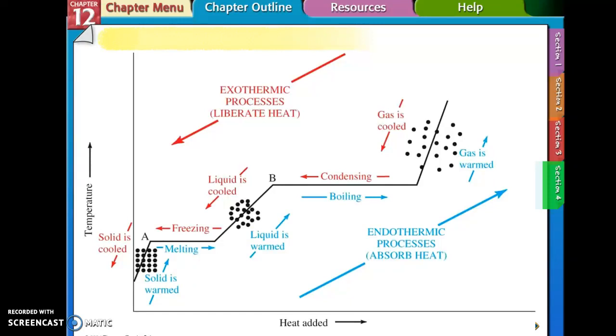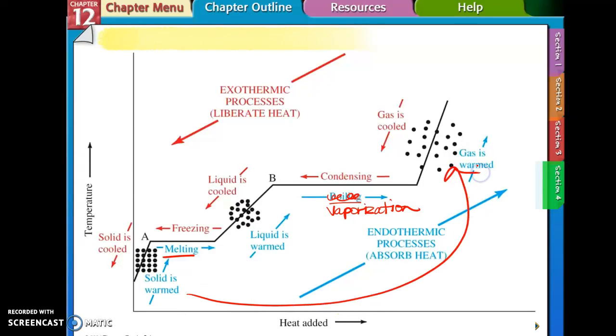So if you look at these, our endothermic processes absorb heat. You have to apply heat to them. So melting and boiling, which actually should say vaporization there, so I'll cross out boiling and write vaporization. And then to go from a solid to a gas, an endothermic process, that would be sublimation, because you do have to add heat.